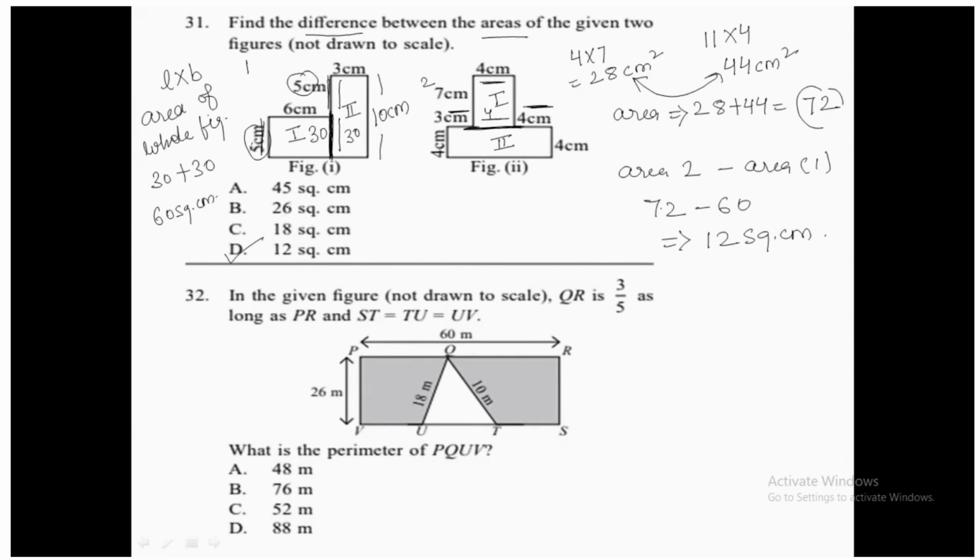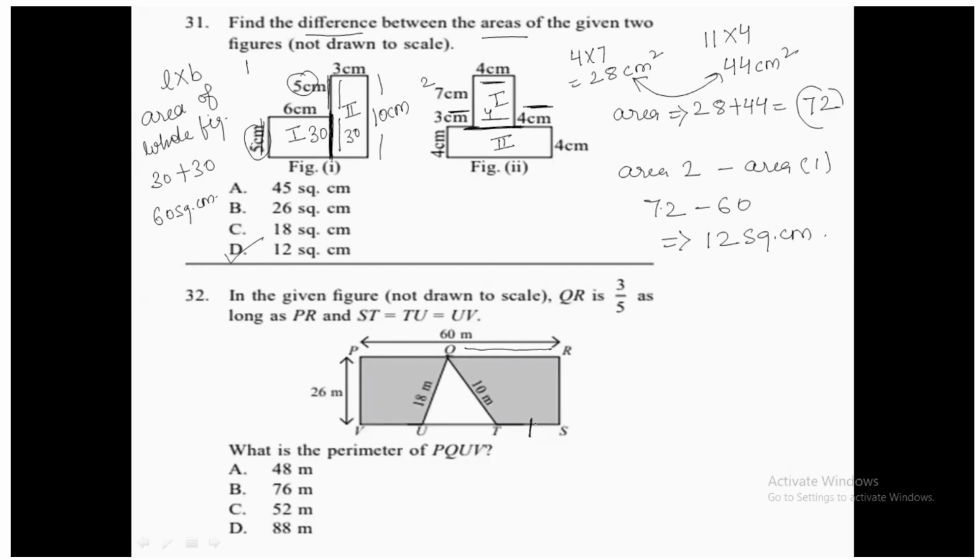Okay, now let's move to question number 32. Now question number 32 is asking that in the given figure, QR is 3/5 as long as PR. Okay, PR is this one. Now, where is QR? QR is this one. Okay, so QR is 3/5 as long as PR, and where is ST?